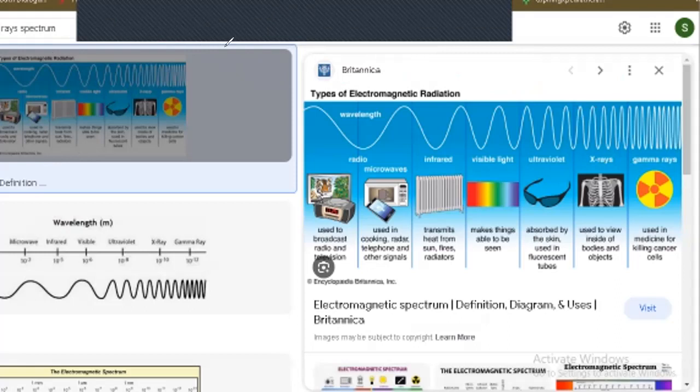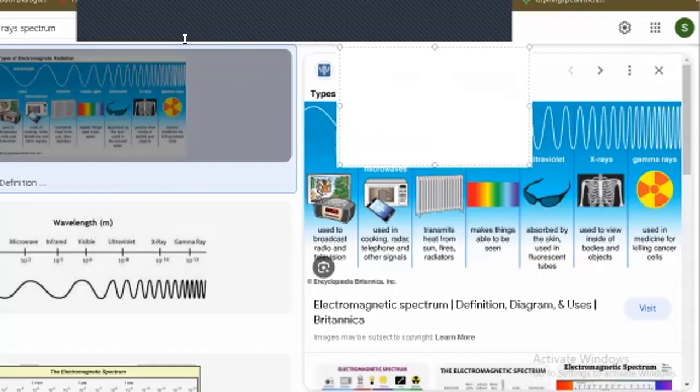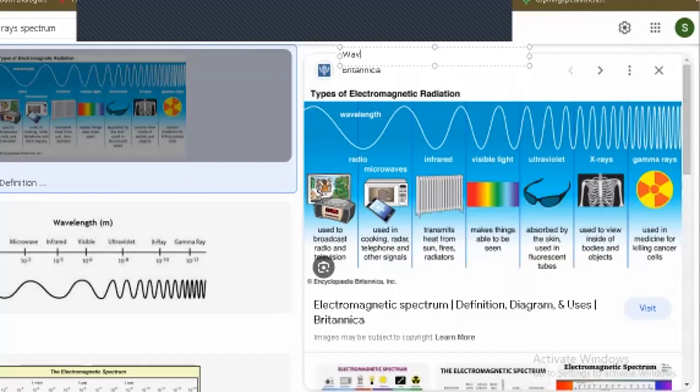It travels with the speed of light. The velocity is the speed of light. I'm writing over here: wavelength is short and ranges from 0.1 angstrom to 10 angstrom.